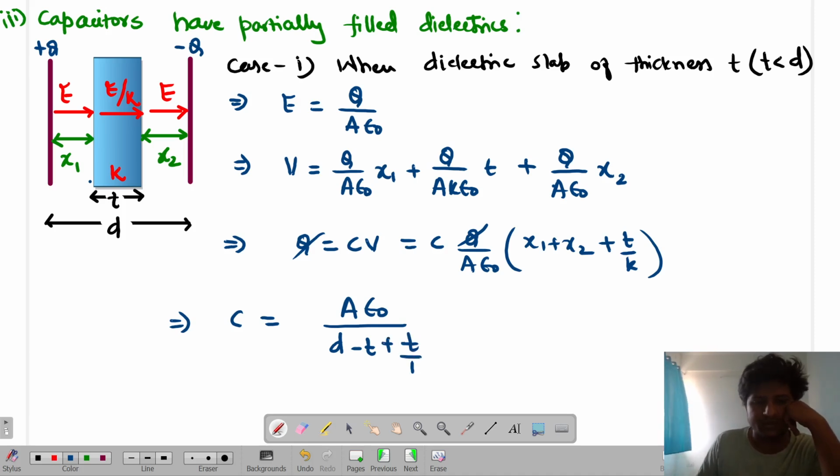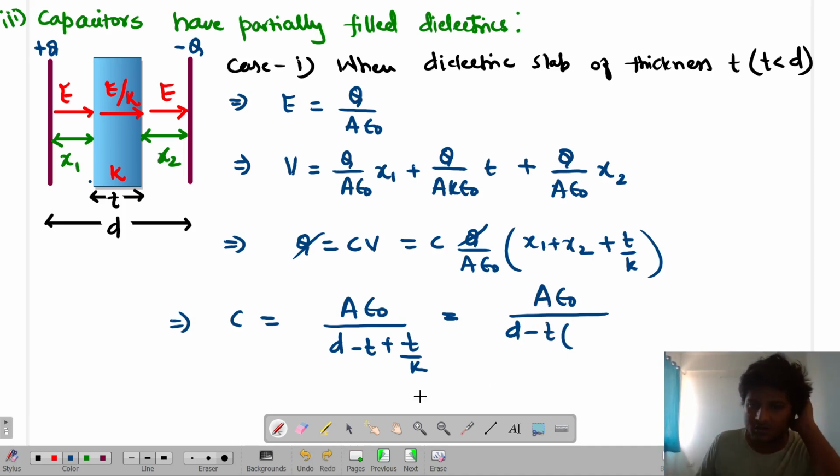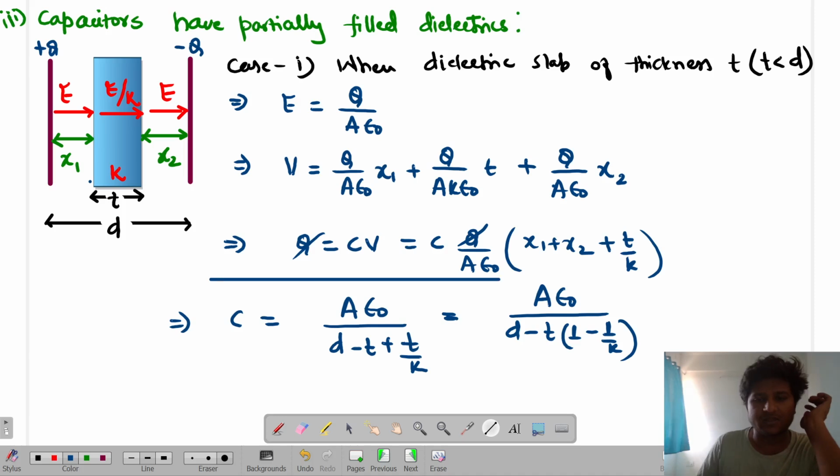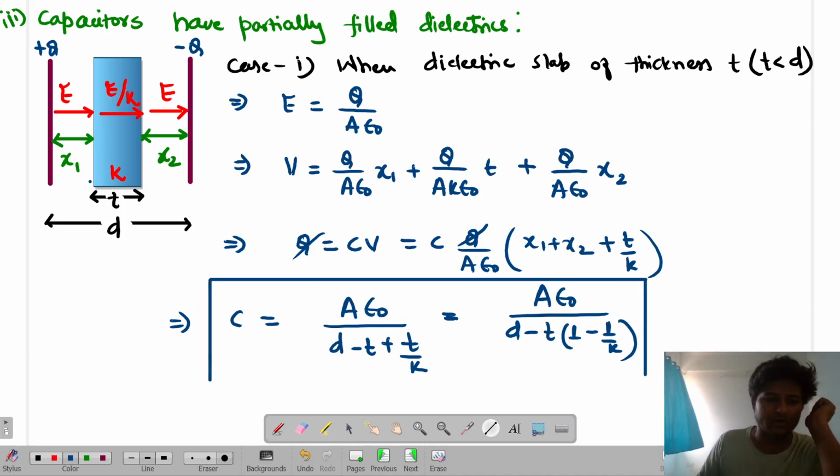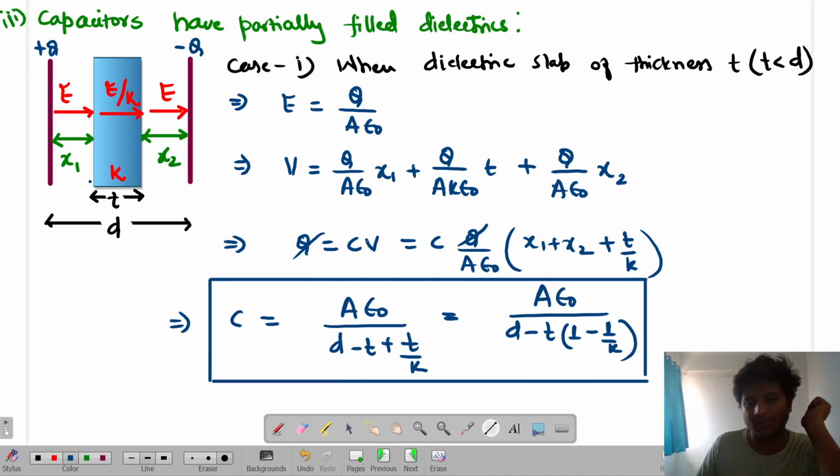So this can be written as A into epsilon naught divided by d minus t common, 1 minus 1 by k. This is the formula of capacitance when the capacitor is partially filled. Are you able to get me or not? Got it? Is that clear?